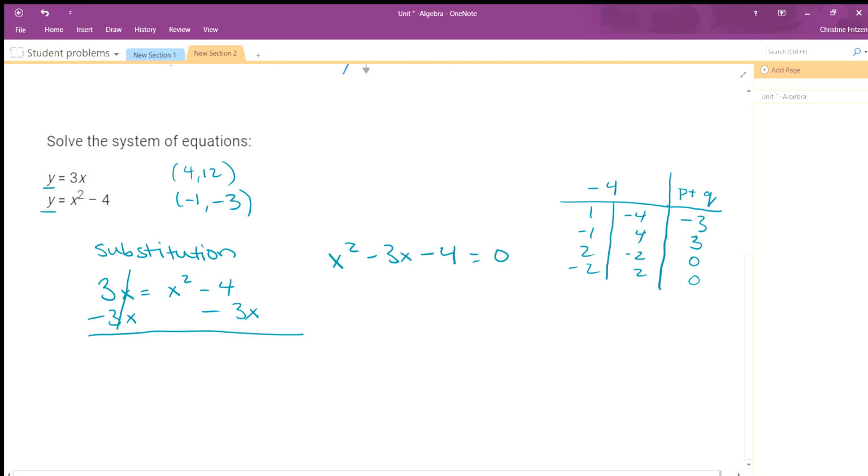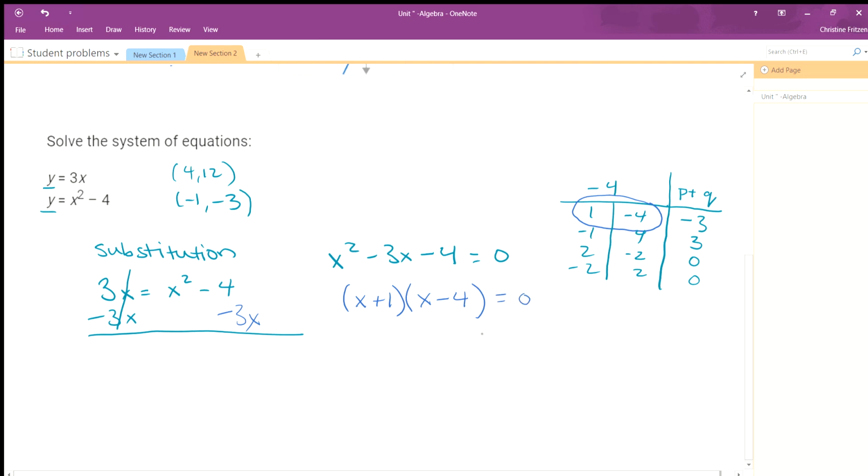So because this negative works, the numbers that we're putting inside the parentheses as we factor it are going to be x plus 1 and then x minus 4. Then this is equal to 0.